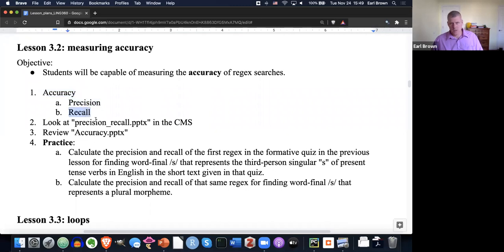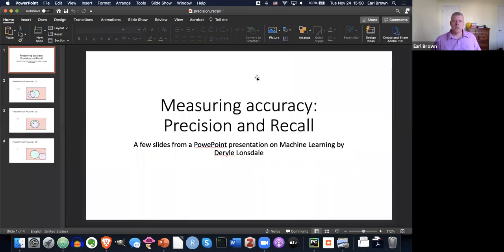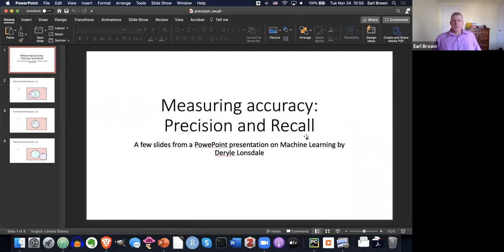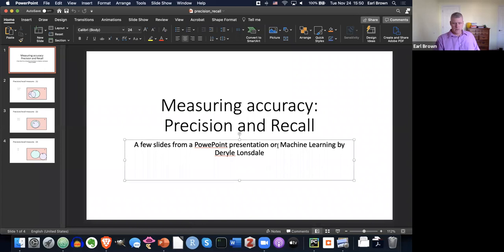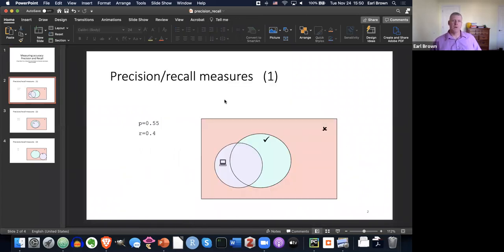So let's look at this PowerPoint I have in the CMS called precision_recall. These are some slides from Dr. Lonsdale, a computational linguist in our department, and I like the graphic form here.